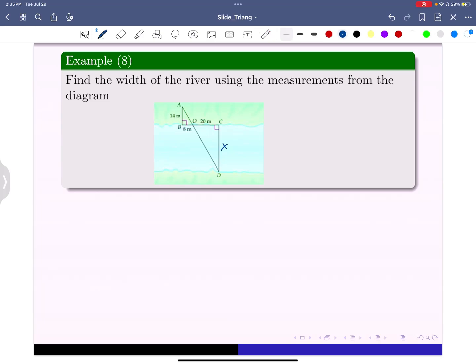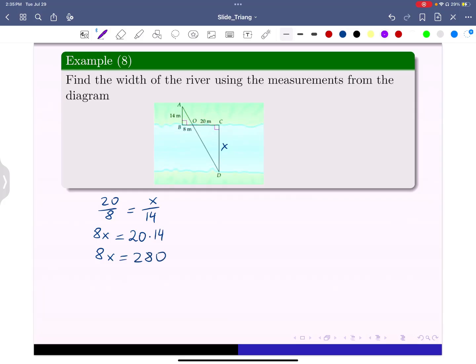So we will have big to small must be the same as big to small. So we're going to have 20 to 8 is the same as x to 14. Usually we set up the proportion with base over base and height over height. And as before, we can cross multiply. So 8x is equal to 20 times 14, so 8x is equal to 280.